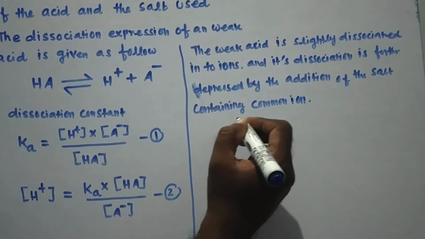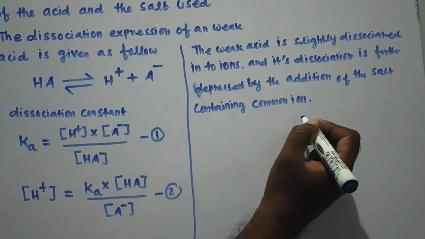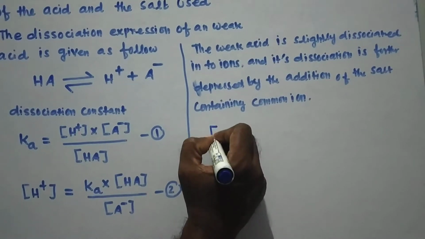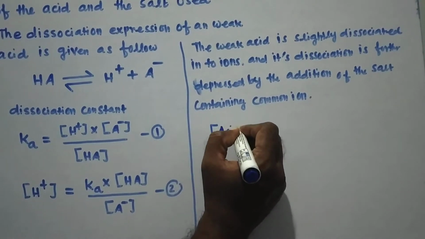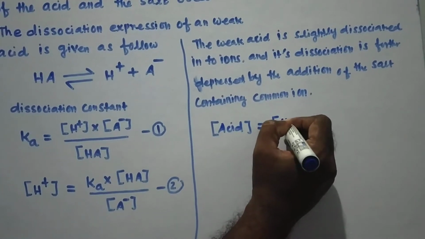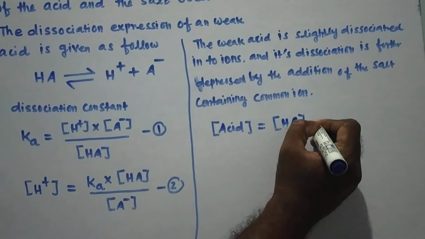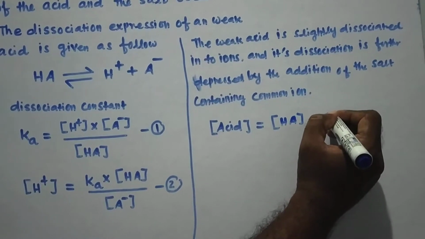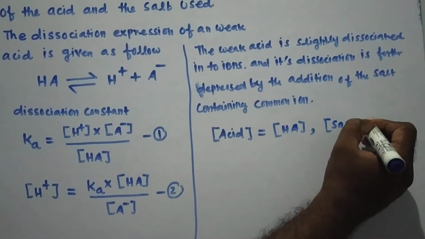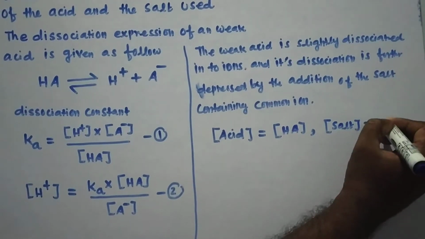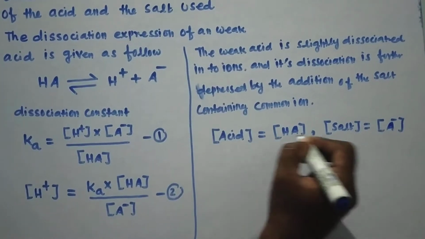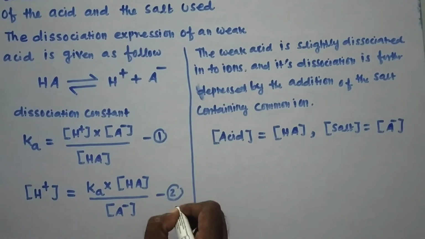Okay, due to that, the concentration of the acid is equal to the concentration of HA and also the concentration of the salt used in the buffer is equal to the A minus. Okay, now substitute these two values in equation number 2.